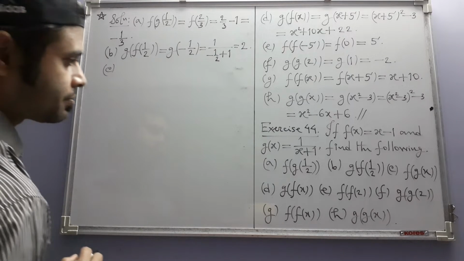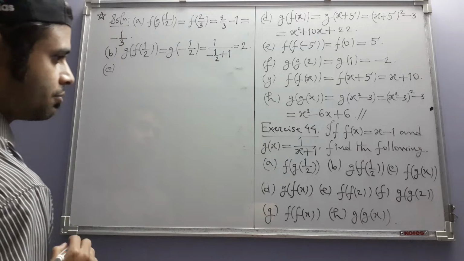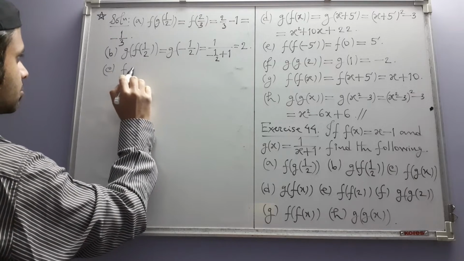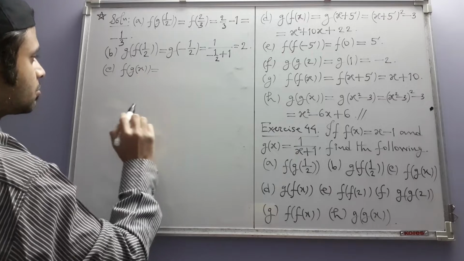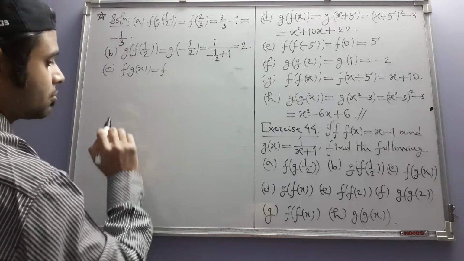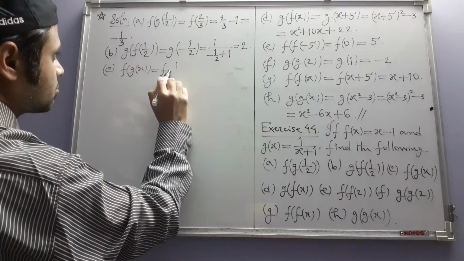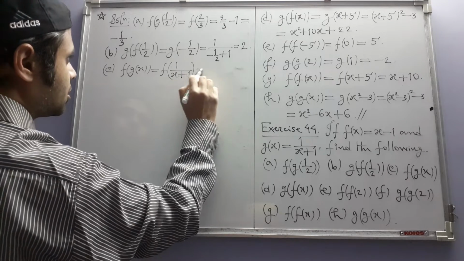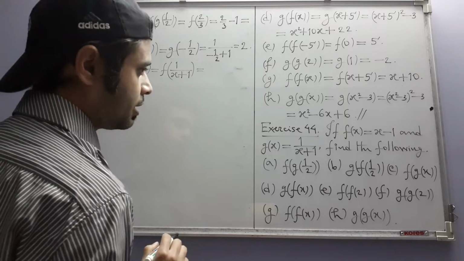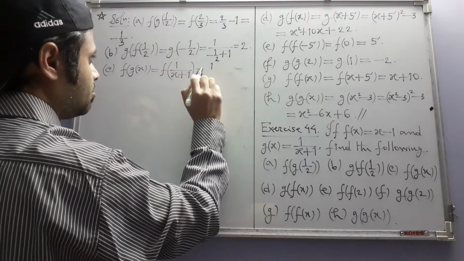C. f of g of x. G of x is 1 over x plus 1, and f is that thing minus 1.